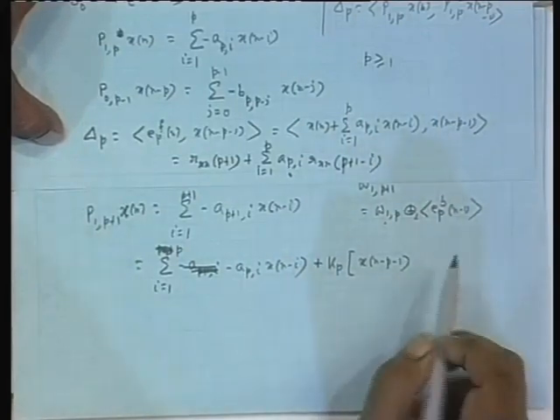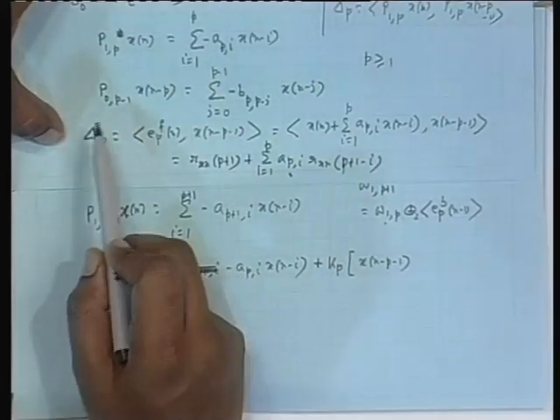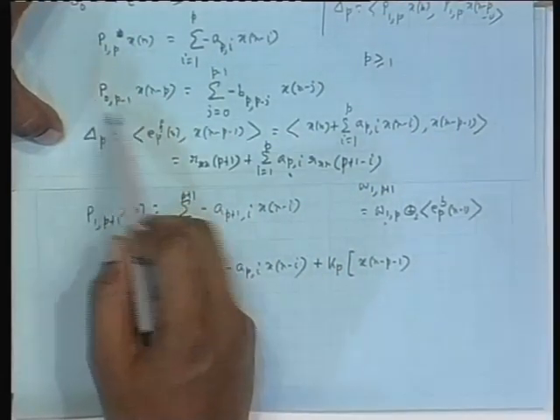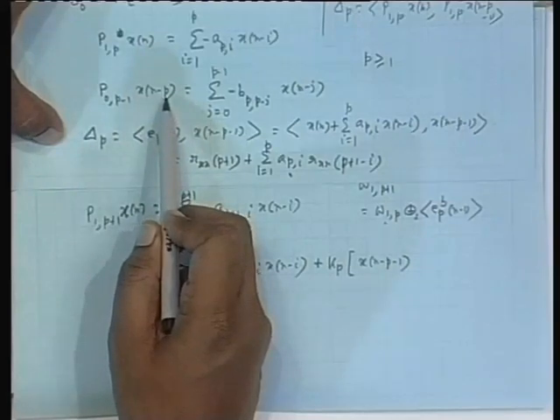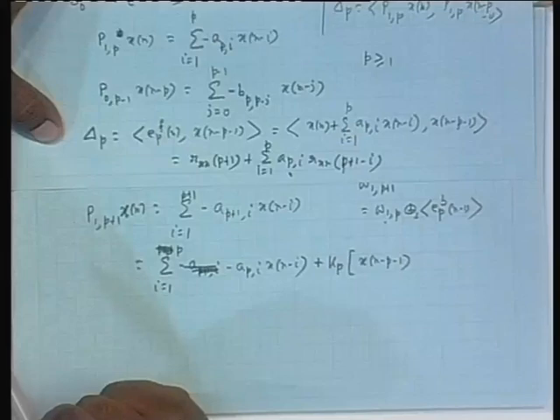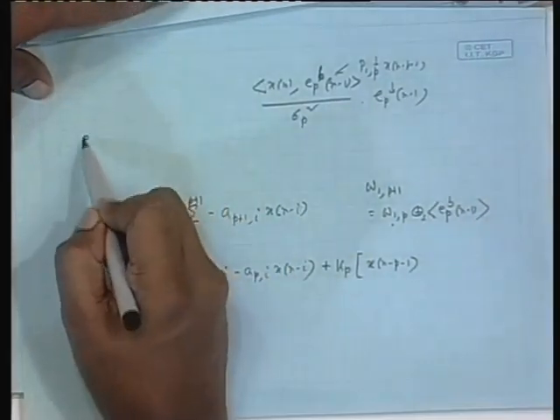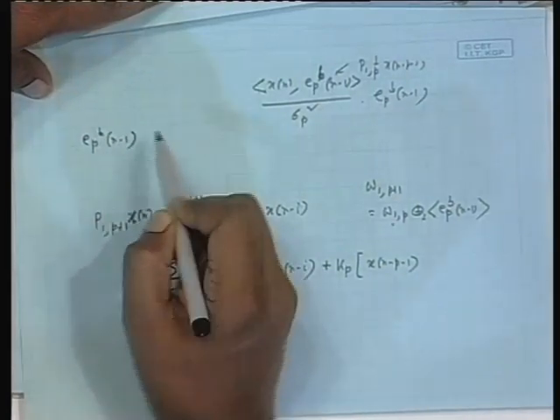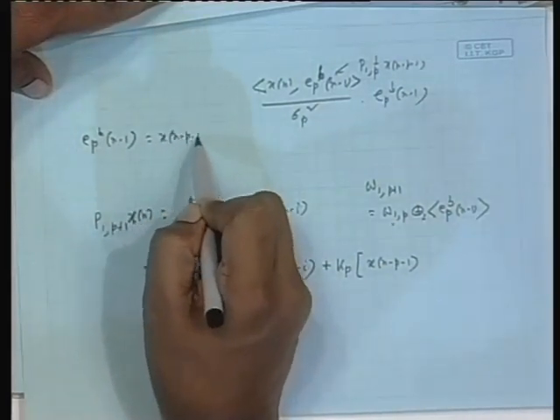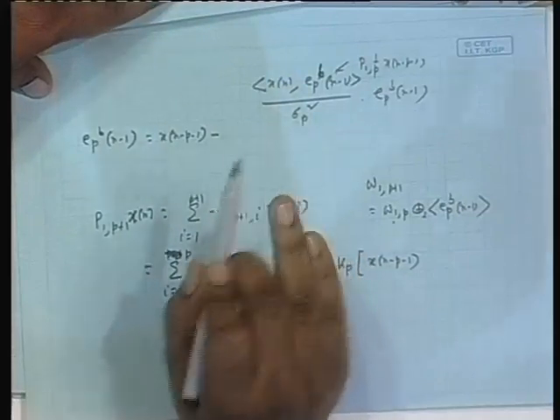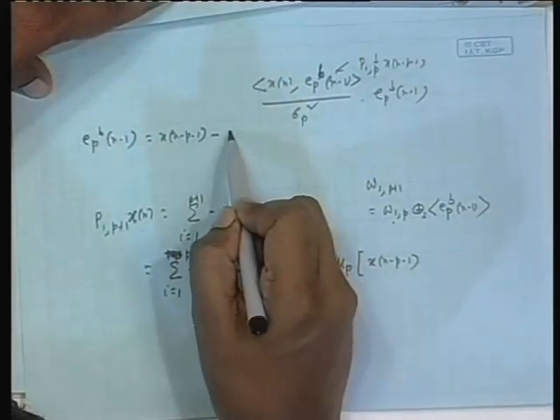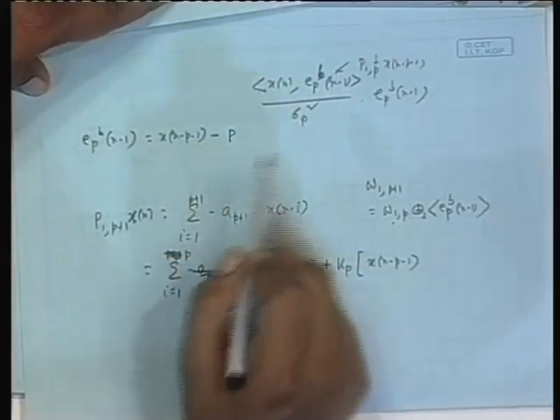That error was what? In this expression, instead of n minus P, it will be n minus P minus 1. For your sake, what is EPB n minus 1? That is nothing but x n minus P minus 1 minus the projection. Okay, let me do step by step. What projection? We are projecting this guy on what?